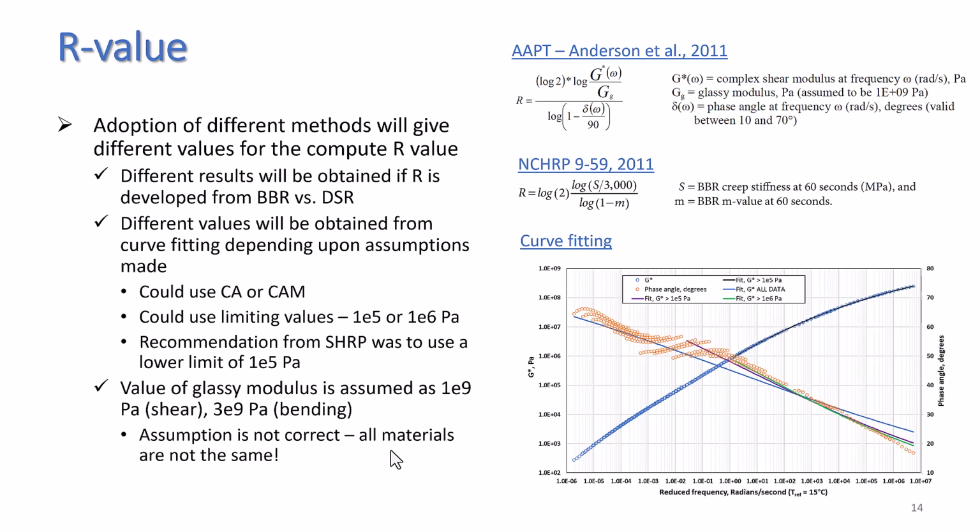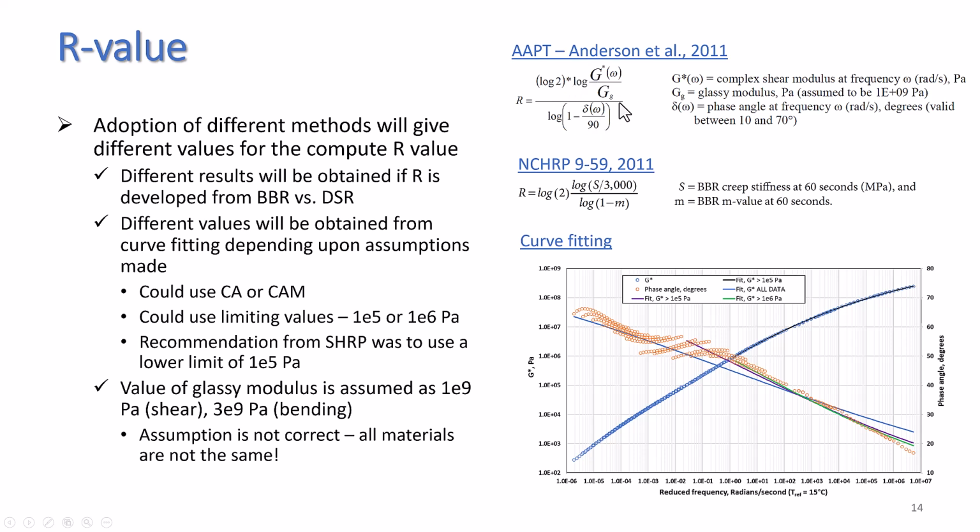If we look at the literature, we really see that there are 3 ways being proposed to calculate the R value. This equation comes from Mike Anderson's AAPT paper in 2011, where he looked at some aged materials. And it's really the same that was published earlier by SHARP and other folks.